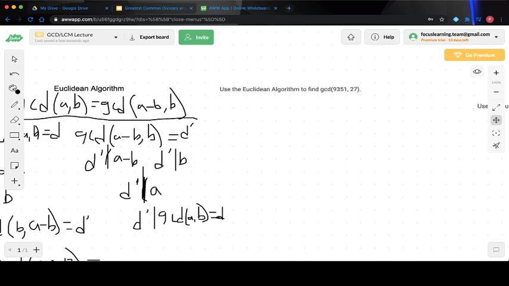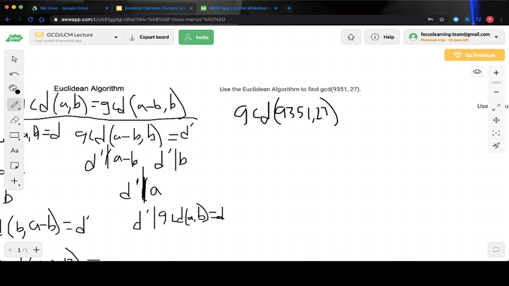So this problem asks us to find the greatest common divisor of 9,351 and 27. Obviously we can use the Euclidean algorithm and subtract 27 from 9,351. But we don't want to subtract it one by one. You can subtract a multiple of 27.